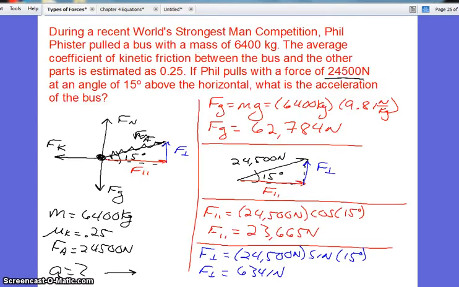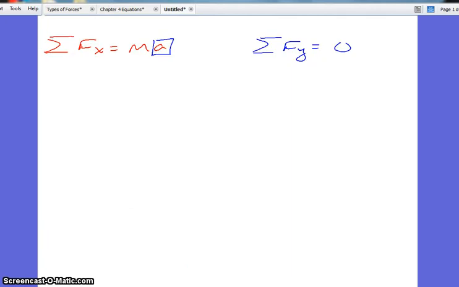If we look at our forces in the x direction, we have the parallel to the right and the friction to the left. And so we have the parallel component is positive, the friction is negative, and that's equal to mass times the acceleration. Now, in order to solve for that acceleration, I need to know the mass, which I do, the parallel component, which I do, and the friction, which I unfortunately do not.